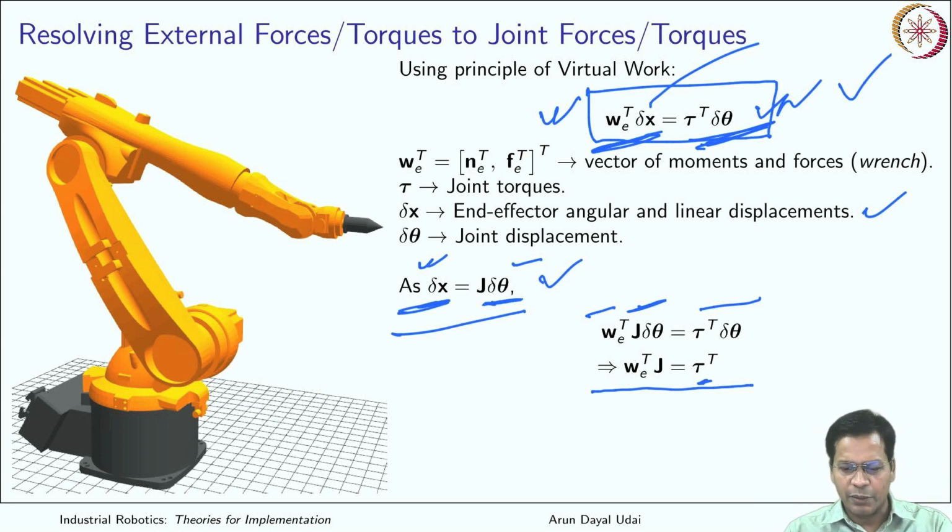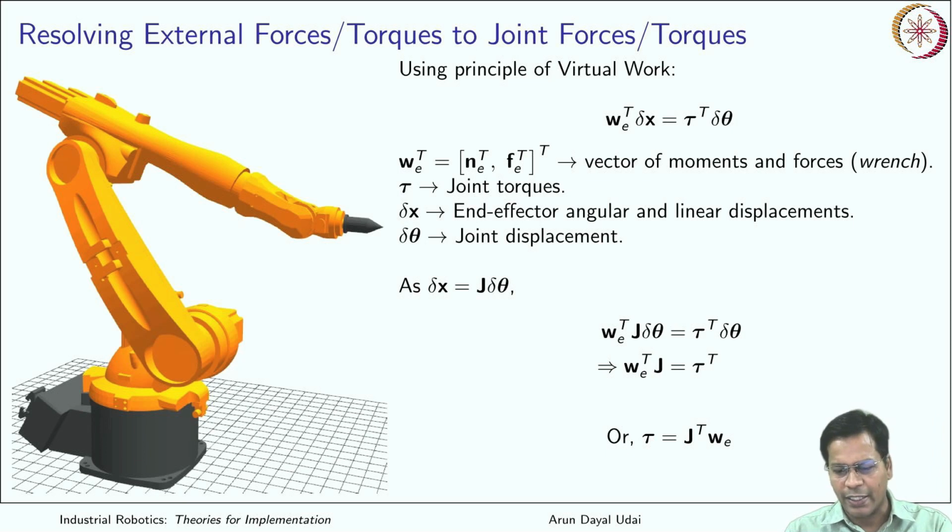Okay, taking the transpose on both sides, I can write it like this. So it becomes torque is equal to Jacobian transpose times the external forces, that is the wrench. So whatever external force and torque you want to maintain over here, in order to maintain that, you have to provide this much torque at the joints.